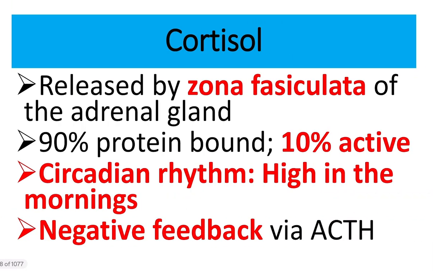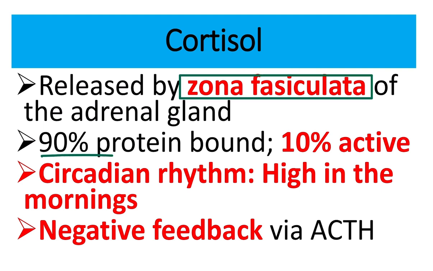First of all, the glucocorticoid is released from the zona fasciculata of the adrenal gland. About 90% of the corticosteroid cortisol is bound to protein and 10% is active, and it also maintains the circadian rhythm.